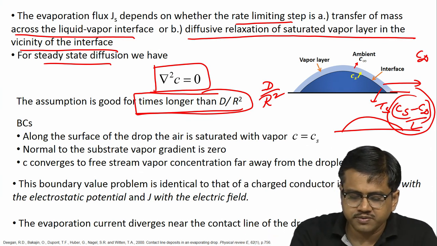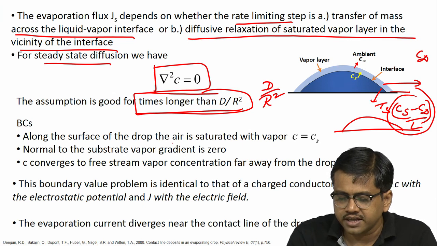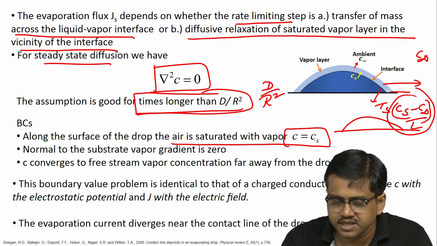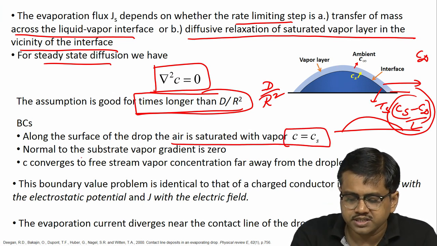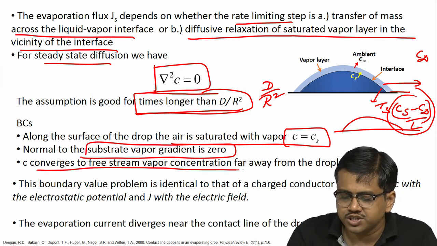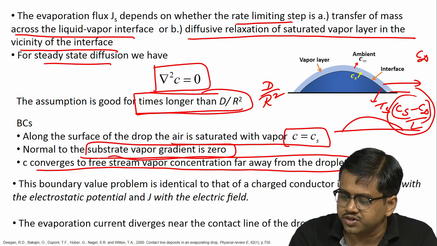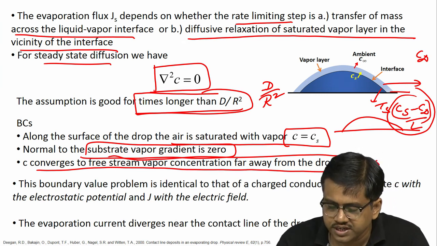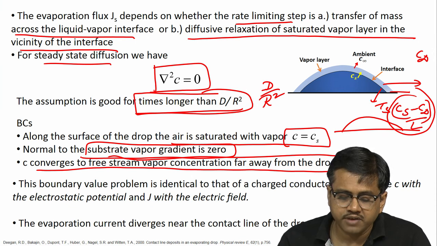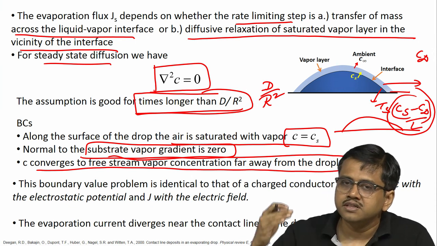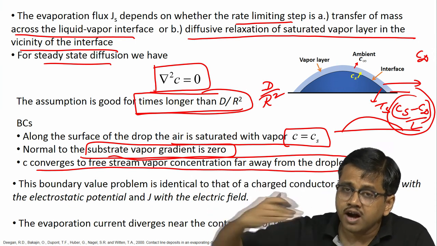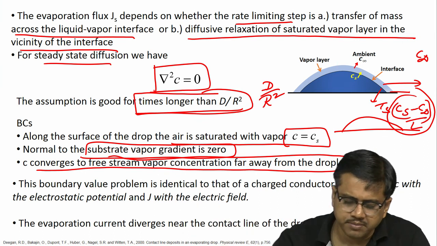Along the surface of the droplet, the boundary condition is that the air is saturated with C equal to Cs. Normal to the substrate, the vapor gradient is obviously 0, and C converges to the free stream vapor concentration, C infinity, far away from the droplet. Far away in this case means at infinity, like several diameters away.